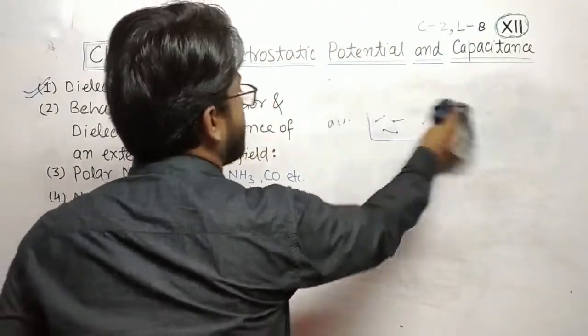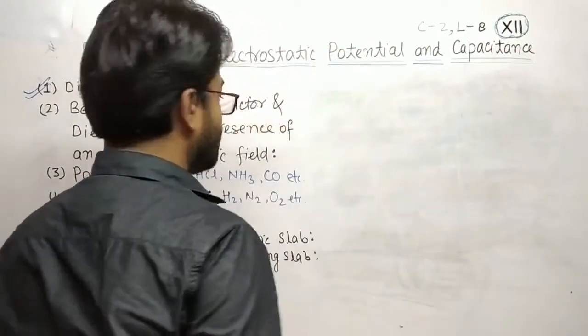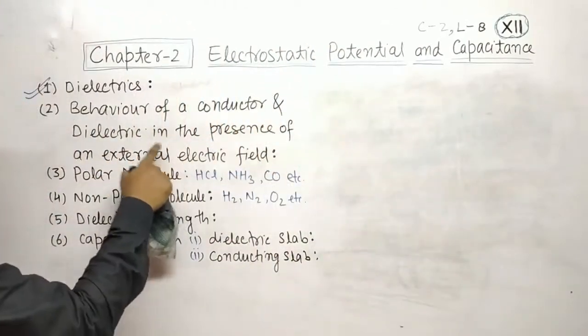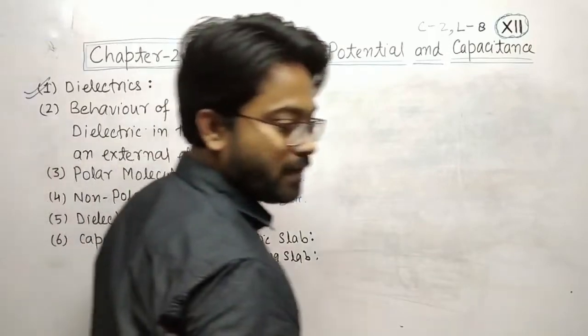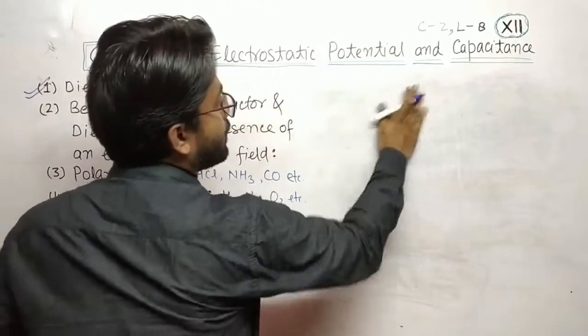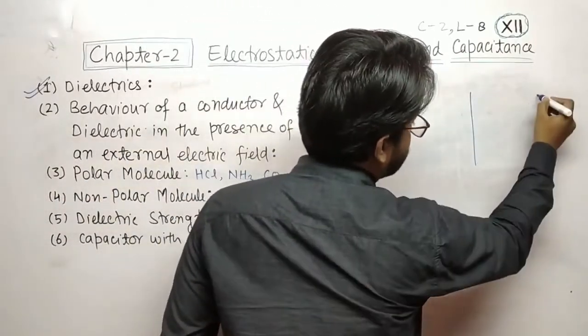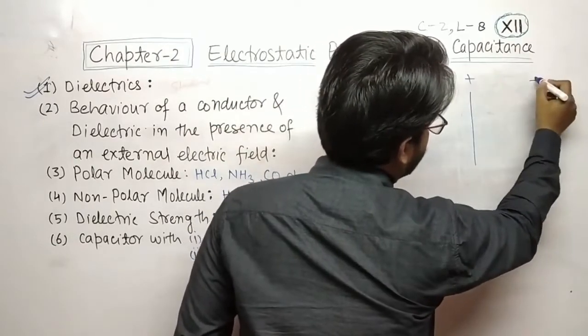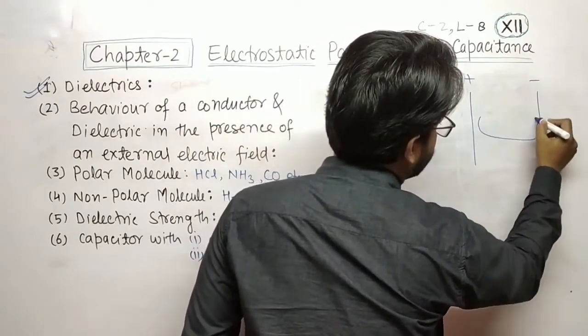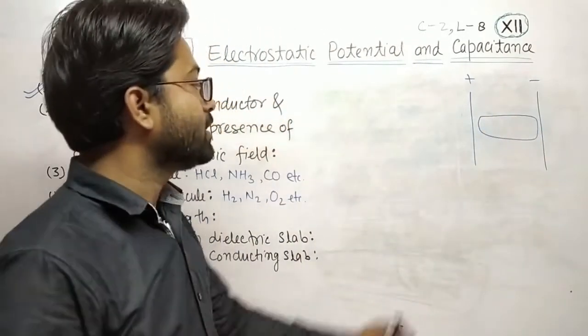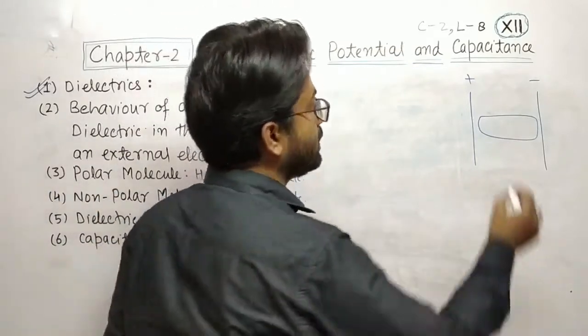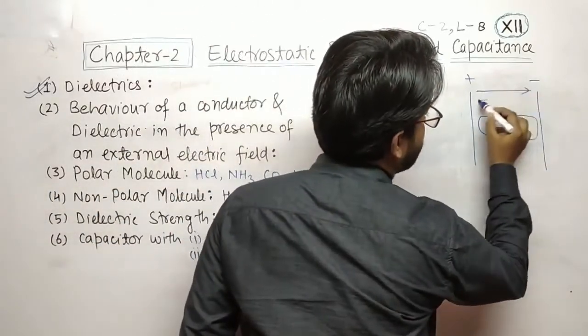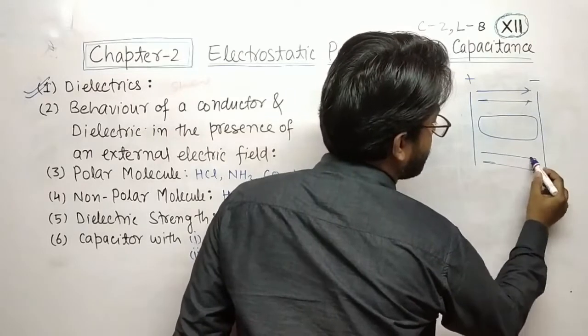Next point, behavior of conductor and dielectric in the presence of an external field. When we place a conductor in an external field and when we place a dielectric in an external field, what will happen? If we place a conducting material in an external field, this is a plate and the external field is in this direction.